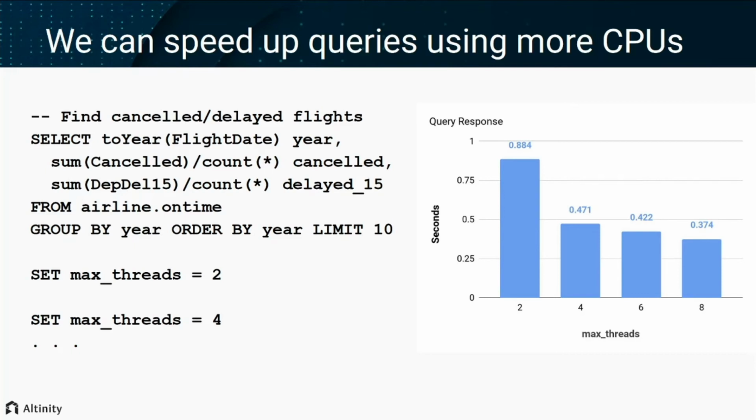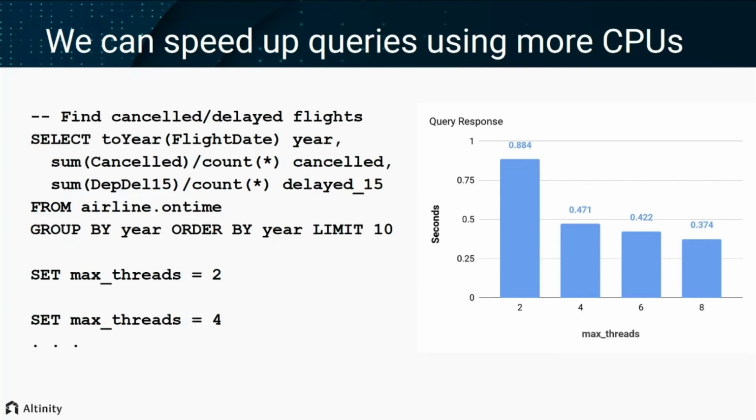So here we have the example that we're using right here. We're looking for canceled and delayed flights. And what we see is that if we use 2 threads, which is 2 hardware threads, to run the query, it runs in 0.884 seconds. It's about half that if we double it. As we add more threads, it asymptotically goes down, but it doesn't increase as much.